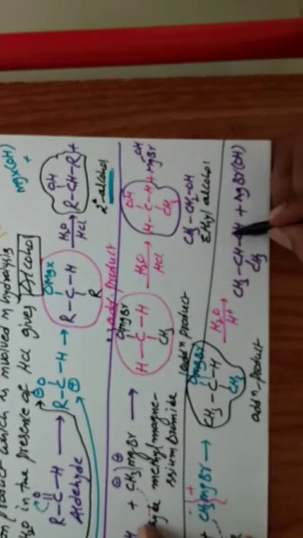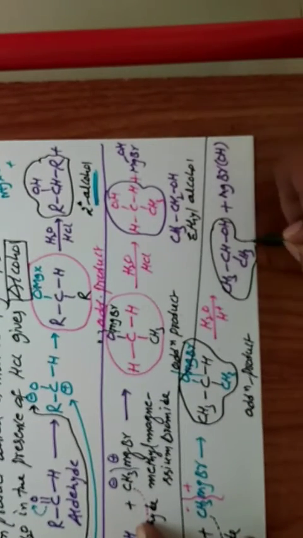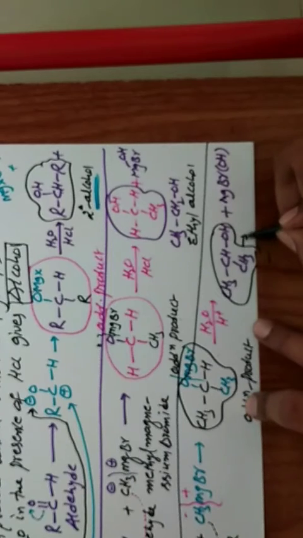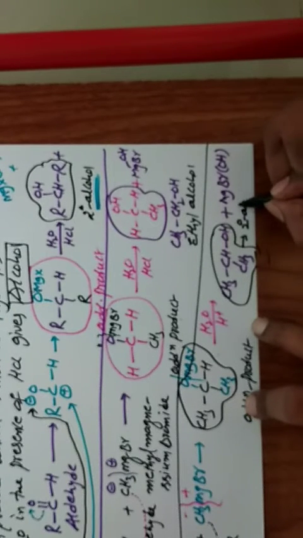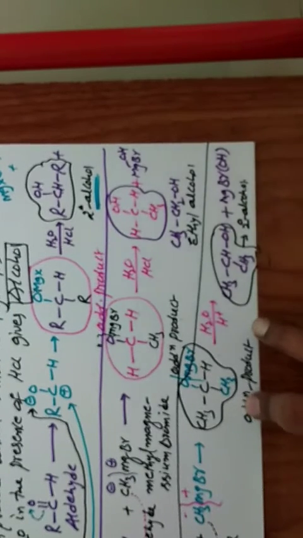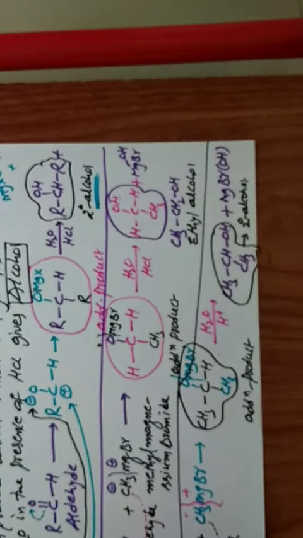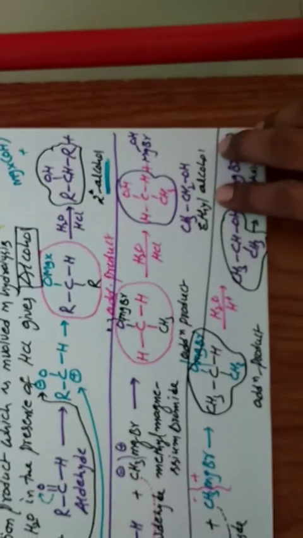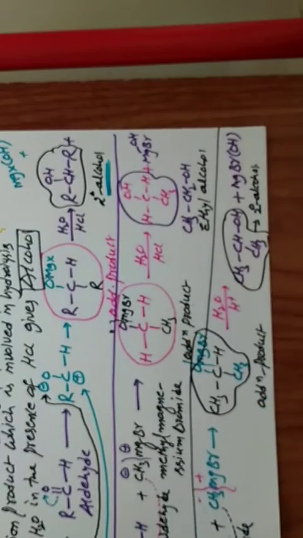What is this name? Isopropyl alcohol. This is a secondary alcohol we can get. We already know this name from the previous lecture. So this is the Grignard reagent. This is the complete mechanism, very easy to understand.